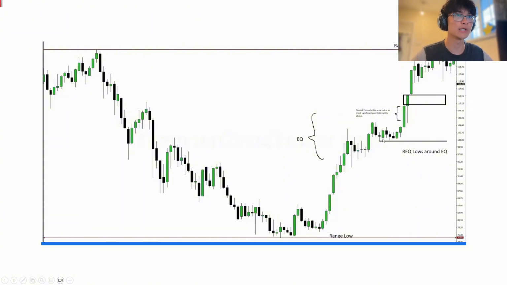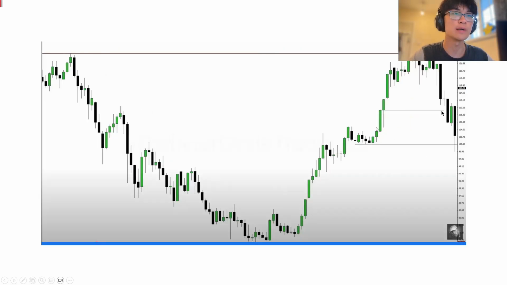And in the same way, you could use this low here as your external range instead of this low, to this external range high. That can also be external. That's why this gap doesn't show any significance. That's why price doesn't hesitate to go through this gap and just pushes through and takes out these relatively equal lows, which is also at discount.